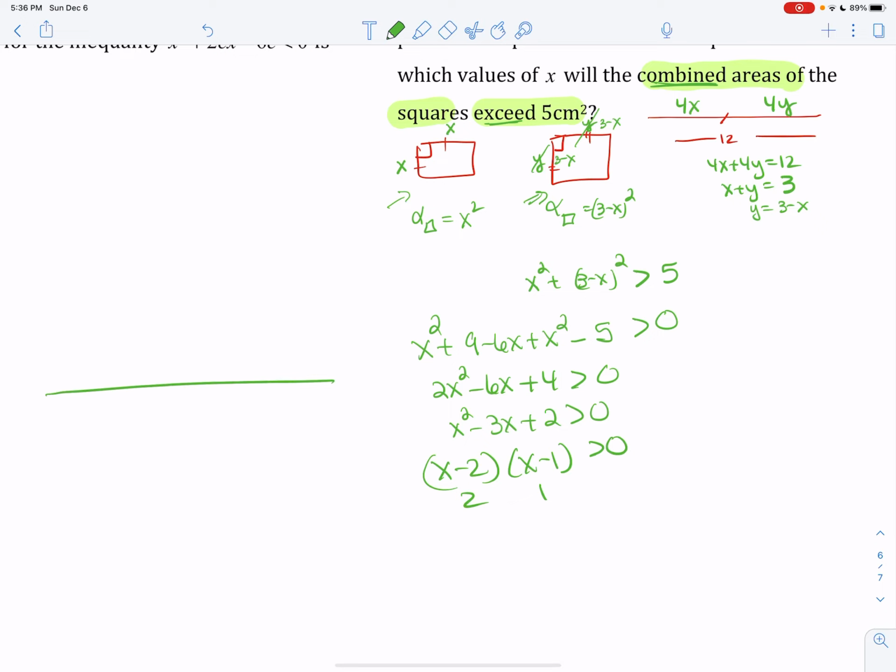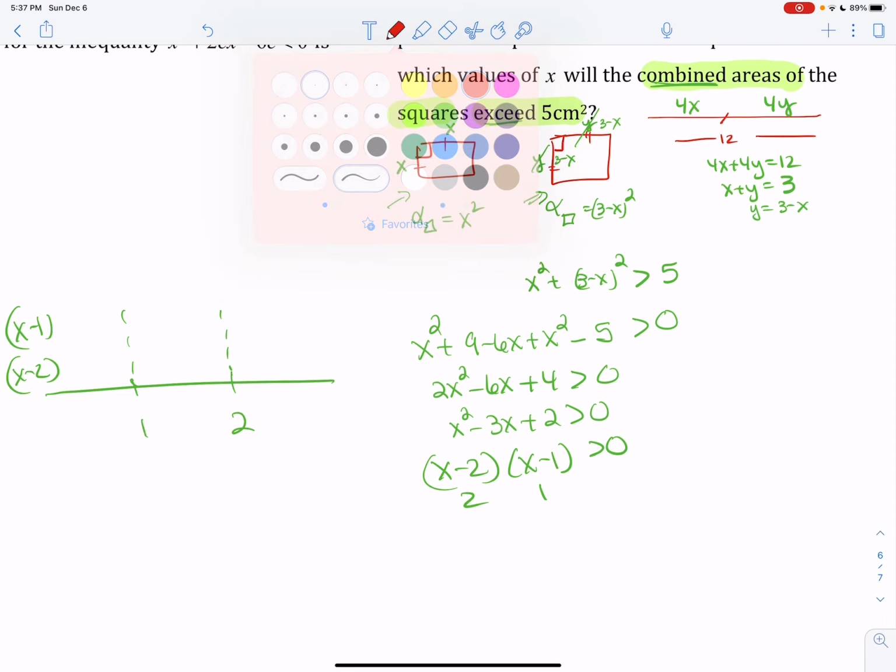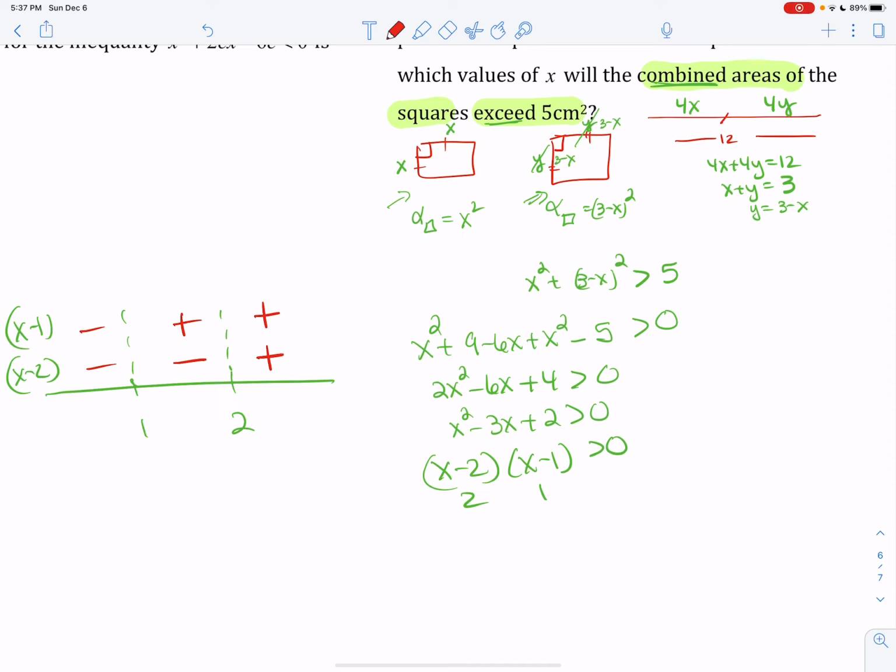I'm just going to come over here on the side to my sign chart, my plus minus chart. My factors were x minus 2 and x minus 1. The x minus 2 is positive to the right of 2, negative to the left. My x minus 1 is positive to the right of 1, negative to the left. I am multiplying those, so 2 negative numbers give a positive number.